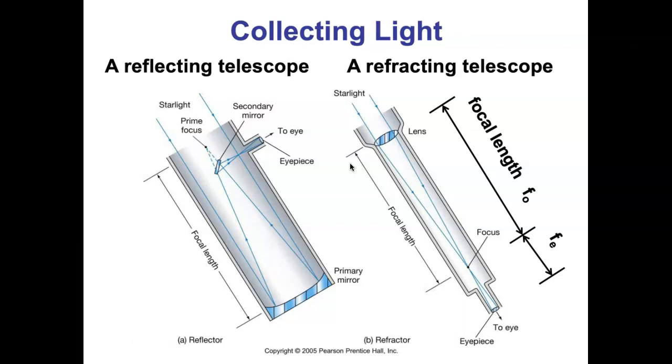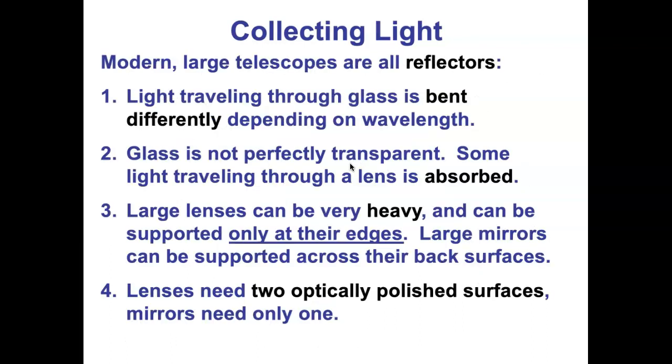The last time somebody made a really big refractor was a little over 100 years ago. The world's biggest refractor is called the Yerkes telescope in Wisconsin. It's massive. It was crazy expensive to make, and after that everybody kind of went, you know what, this isn't worth it.